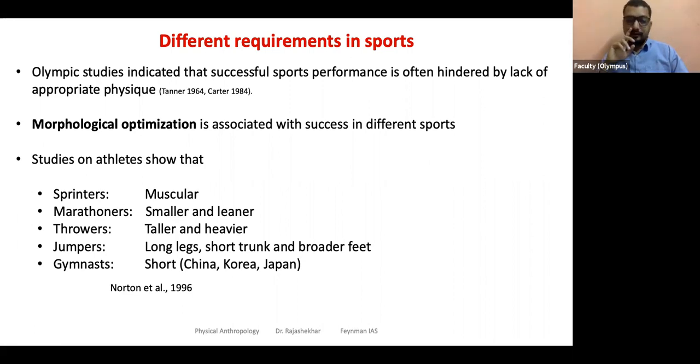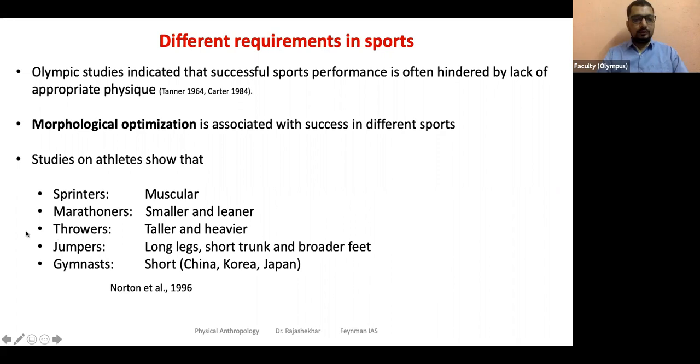The smaller people tend to be smaller, so we notice the various aspects of heat loss and energy conservation are different in people who tend to be smaller and leaner. They have to carry less body weight, with less energy expenditure. So usually smaller and leaner with a bit of fat are useful for marathon.